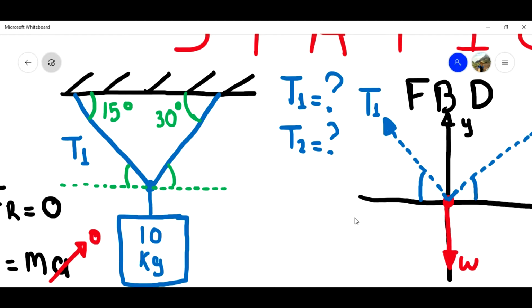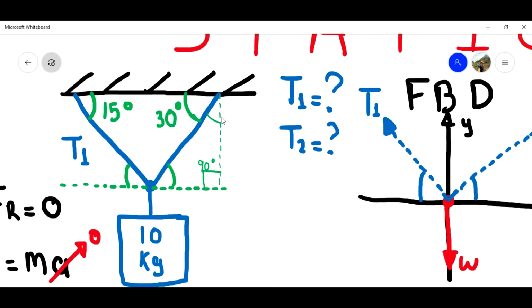What I'm going to do is draw this imaginary vertical line. If you see over here, I got a right triangle, and the right triangle has a 90 degrees angle over here, and I have another angle over here.